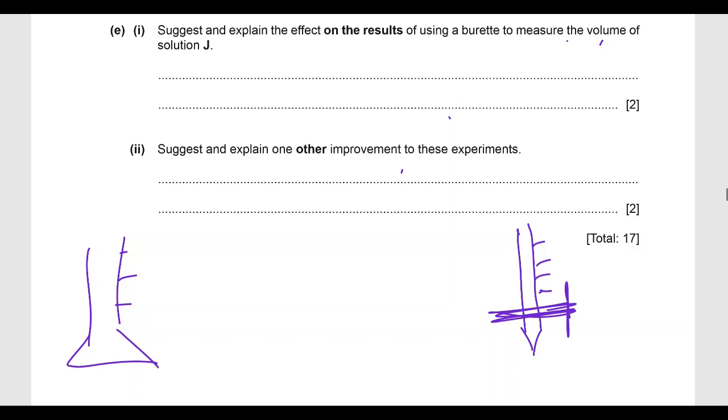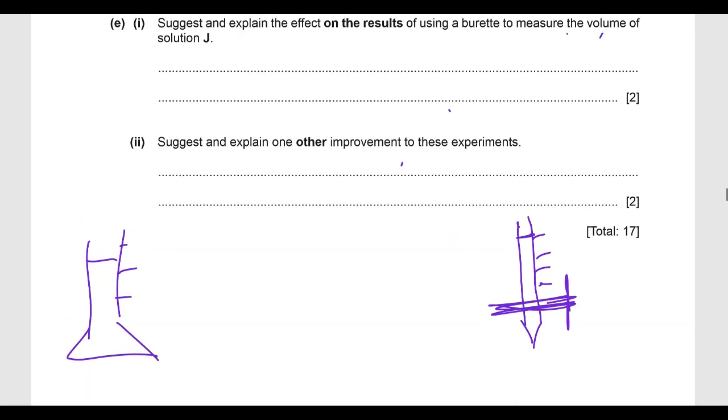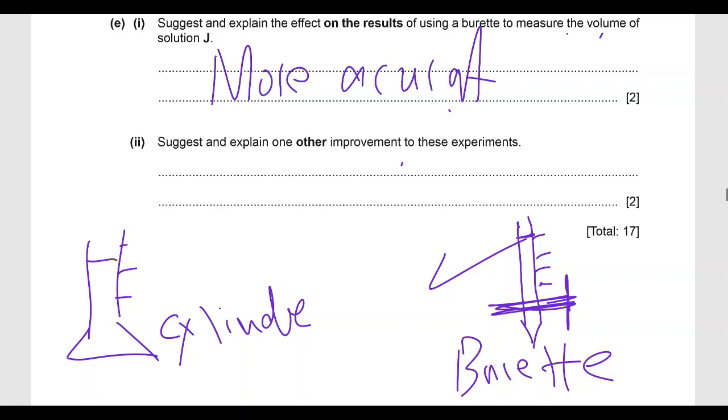Which one will give us accurate results? Any apparatus with a very small diameter, the diameter here is smaller than this, so this one, the burette, is more accurate than the measuring cylinder. So the result will be more accurate.